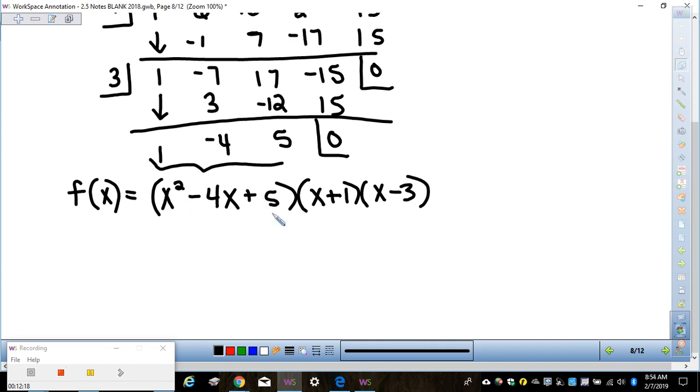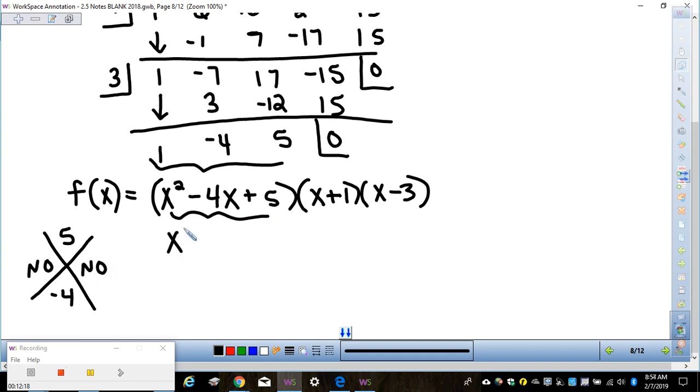Now, if we take a look at this one here, and if we try to think about two numbers that multiply to 5 and add to negative 4, it almost seems like it could work. But if we think about factors of 5, we have 1 and 5, which doesn't work, negative 1 and negative 5, which doesn't work. So we're not going to be able to factor this one any further.